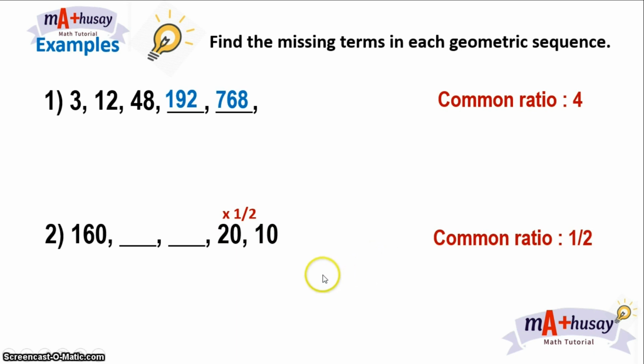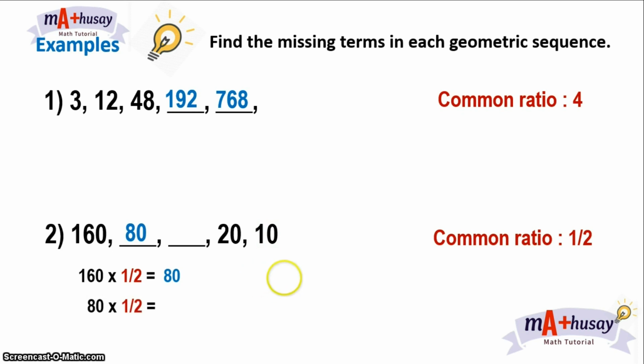So to find the missing terms, we have from 160, since we know that the common ratio is 1/2, 160 times 1/2, so half of 160 is 80. So the second term of the sequence is 80. So from 80, we multiply 1/2 again. So 1/2 of 80 is 40.